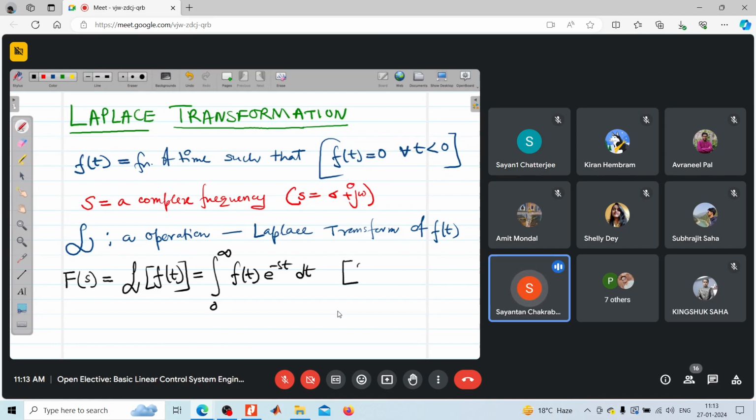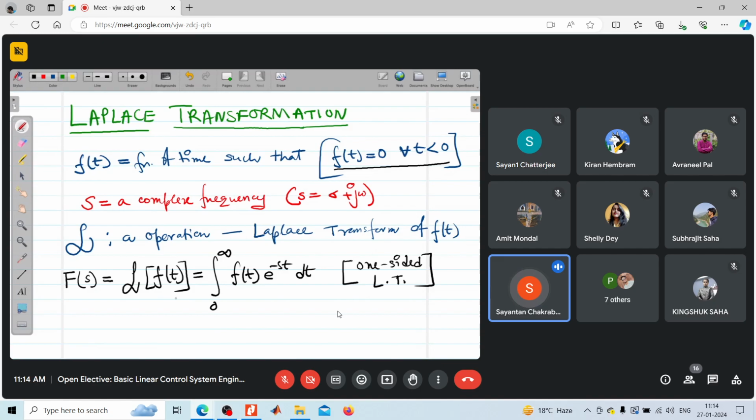this is called the one-sided Laplace transform. Okay. And because of our definition that our signal is only valid for t greater than or equal to 0, we are defining our one-sided Laplace transform as this.